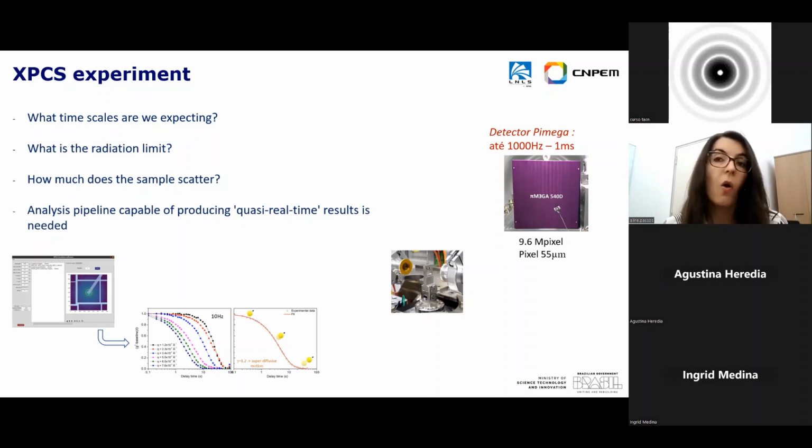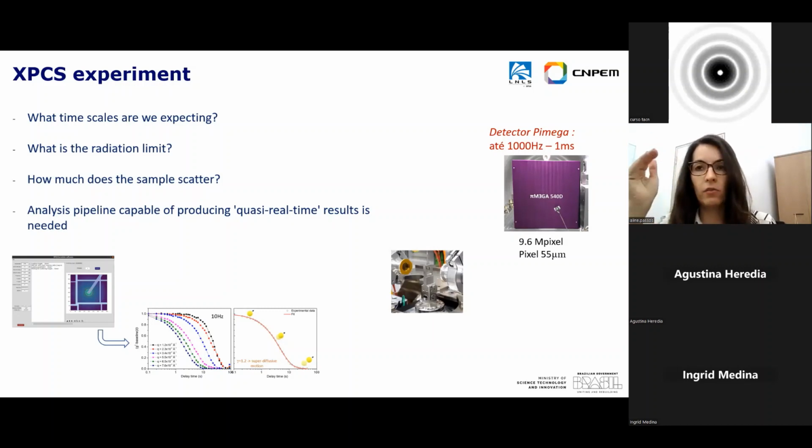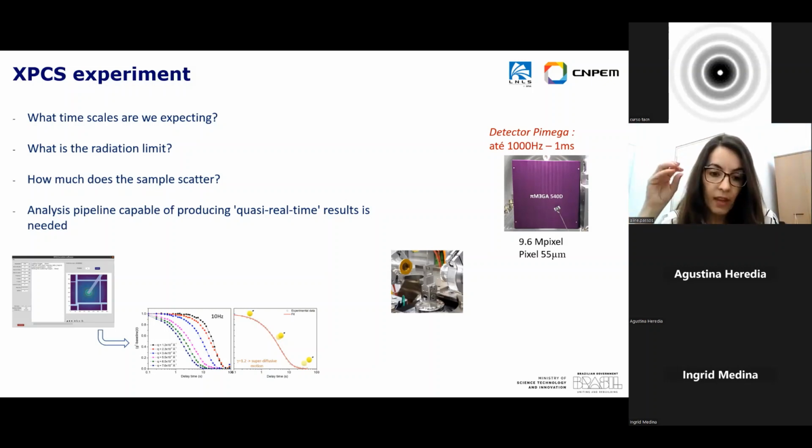Or if you see any change in the shape of the SAXS curve, it seems something is changing in your sample. It's the first approach and the easiest one. You collect one XPCS data set and you look at the SAXS curve, because you do not expect evolution of the structure; you are interested at this point in the evolution of dynamics, not structure.